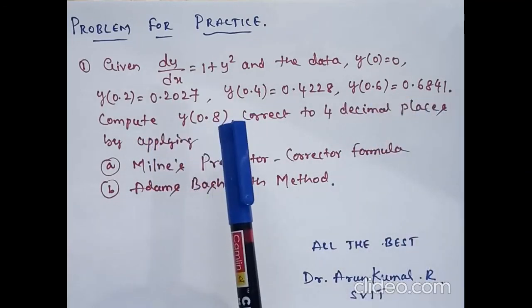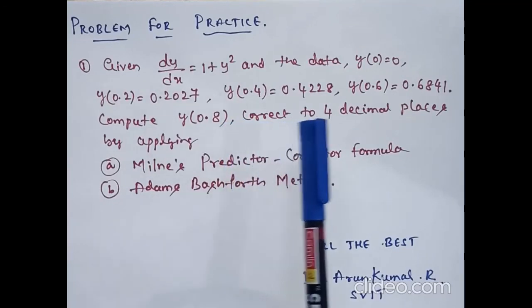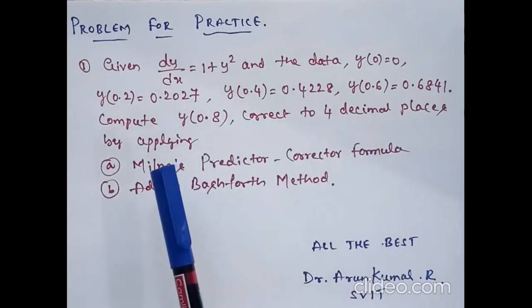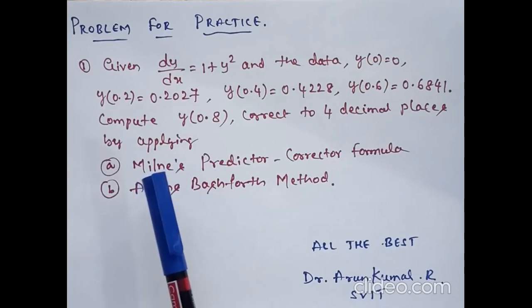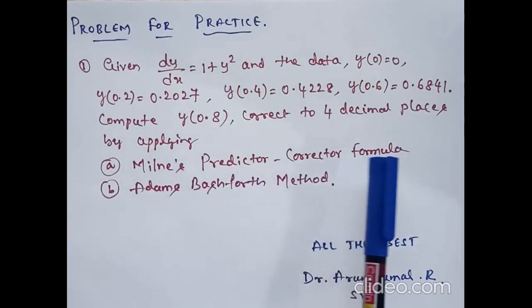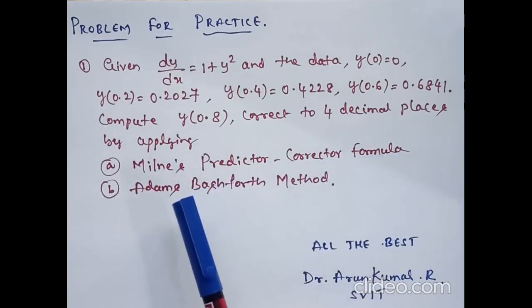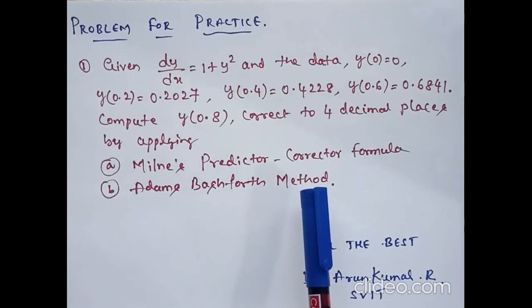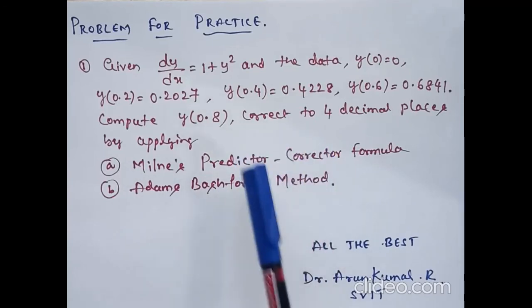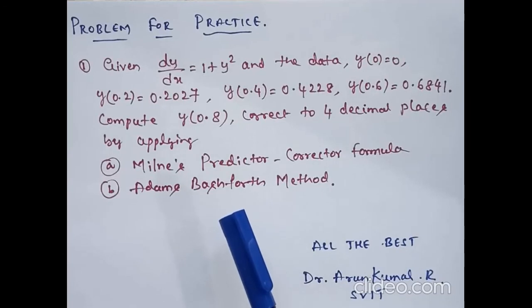Compute y of 0.8 correct to 4 decimal places by applying, first, Milne's predictor-corrector formula, second, the Adams-Bashforth method. So try this problem using the procedure whatever we have discussed so far.